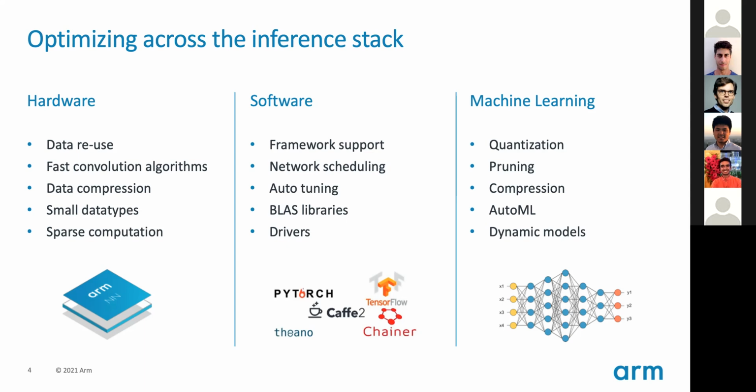And here I list some of those things, including emphasizing data reuse, fast convolution algorithms like Winograd, and data compression. This has a big impact on memory movement cost. Often we emphasize small integer data types or small FP types, and also sparse computation, which is a massive subtopic within ML hardware.